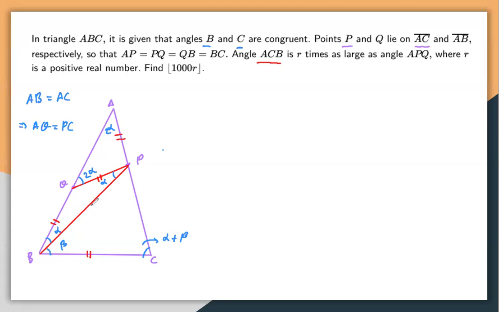But let's add the angles. We have 2 alpha right here, and then alpha plus beta, and then alpha plus beta in ABC, which is going to be 2 alpha plus 2 beta. If I add these, you get 4 alpha and 2 beta, which is 2 times (2 alpha plus beta), that is 180 degrees, so 2 alpha plus beta is 90 degrees.